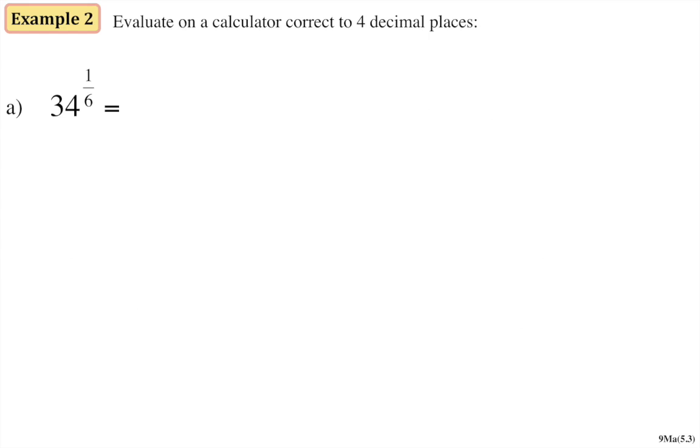This one just says to put this into your calculator and write the answer to 4 decimal places. So just on your calculator, 34, and then push your power button. Now your power button looks something like this. There is an X, and then there's a little box, and that's the button you're looking for.